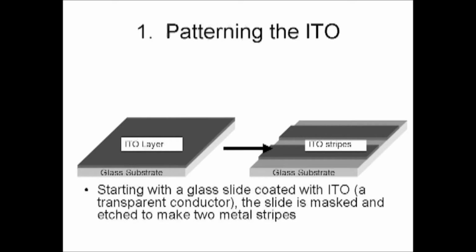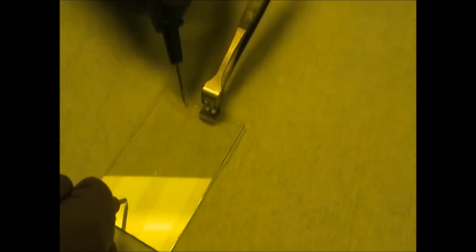Starting with an ITO coated slide, most of the ITO is removed in order to leave metal stripes. Because the metal is transparent, an ohm meter is used to check which side has the metal on it. Thin strips of tape are put down to mask or protect the metal.